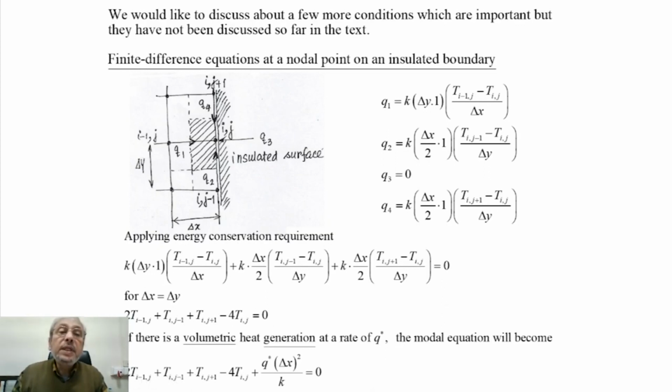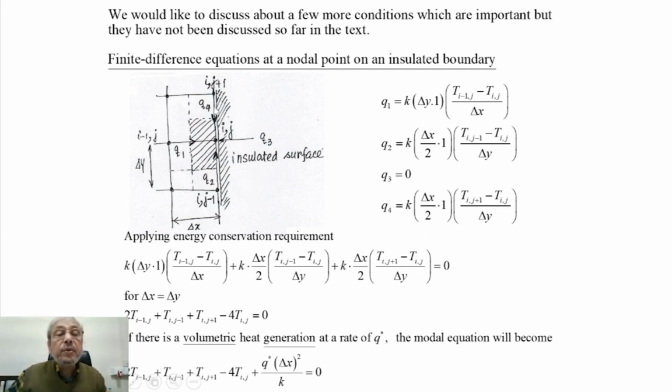We would like to discuss a few more conditions which are important, but which in the typical examples or cases we have taken up so far, we have not mentioned. This is for an insulated boundary. So if the boundary is insulated, then again we'll do the same.